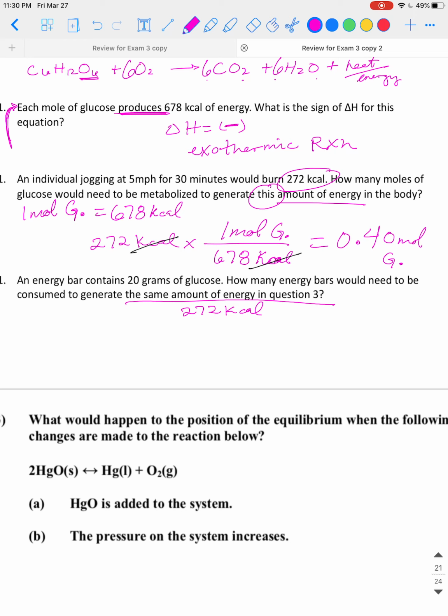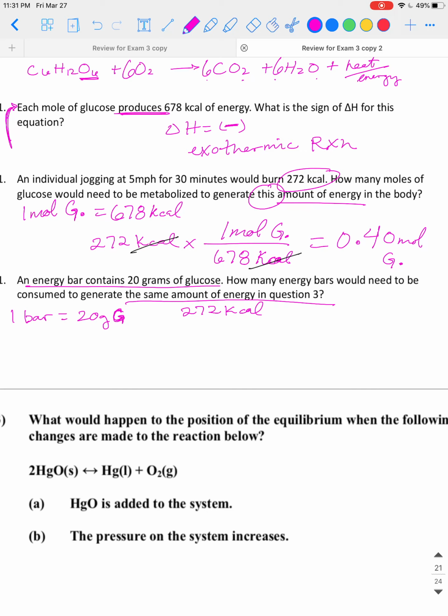So let's read the question one more time. An energy bar contains 20 grams of glucose. That is a relationship. 1 bar, 20 grams of capital G glucose. Remember, do not forget how to spot these relationships and write them out. This is a conversion problem for sure.